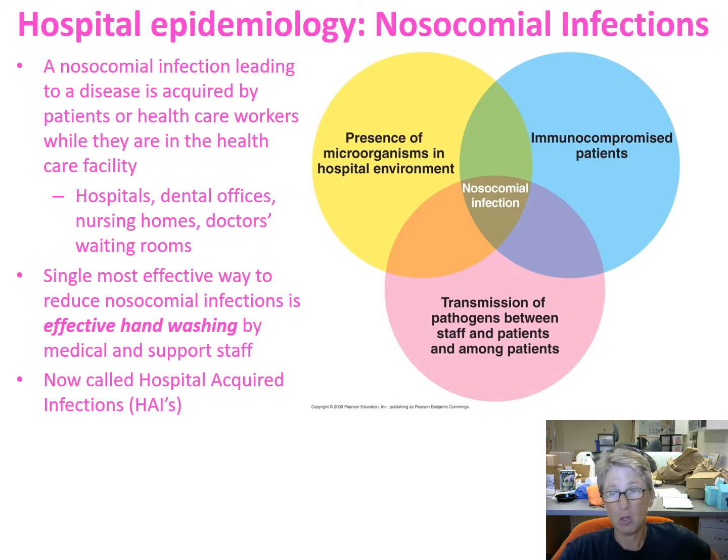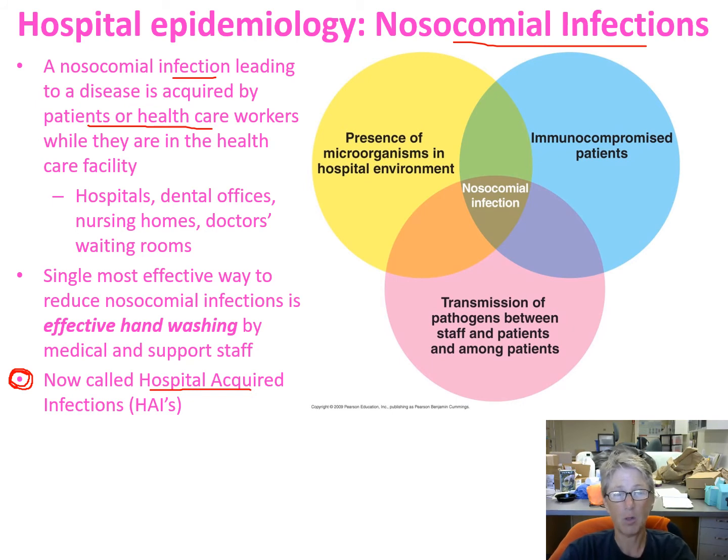Hospital epidemiology. Nosocomial infections are now called, I believe, and you guys that are in the clinic can tell me this, hospital-acquired infections, or HAIs. But a nosocomial infection or HAI is an infection leading to a disease, and that disease is acquired by patients or healthcare workers while they're in the healthcare facility.